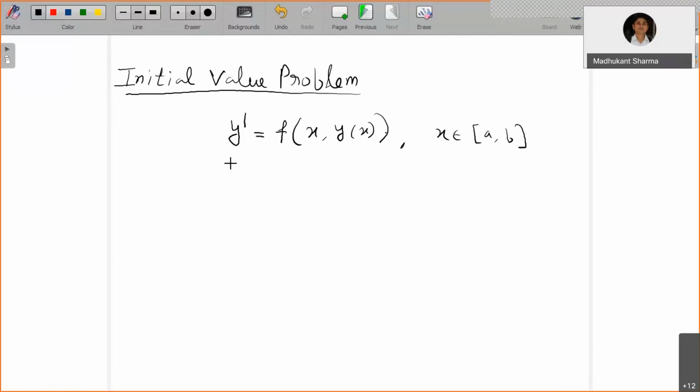And for the uniqueness of the solution, we define the initial condition y at x naught equals y naught. So y naught is given at the x naught value; only this information is known to us, along with the above differential equation. Okay, and y dash stands for dy by dx.